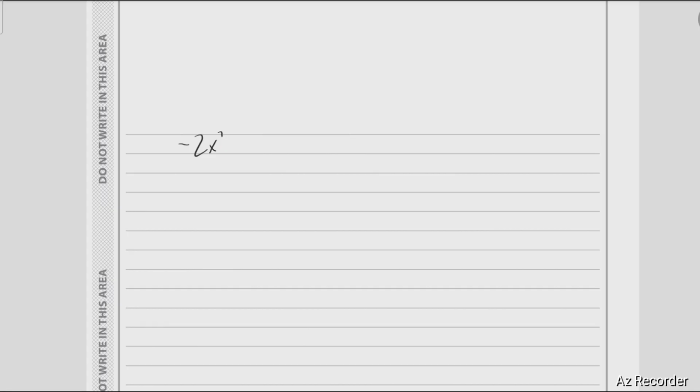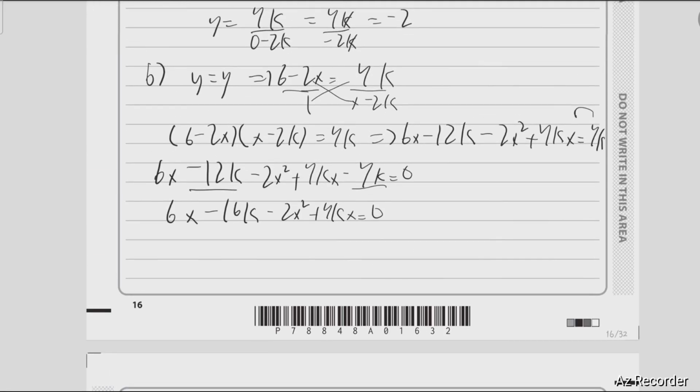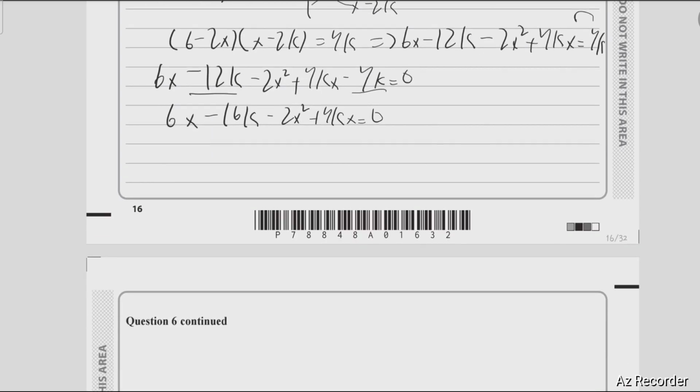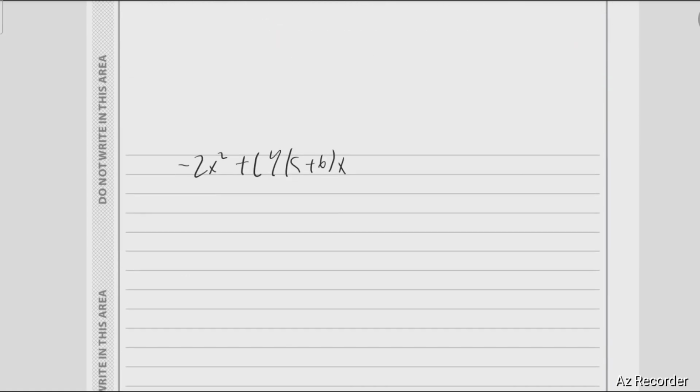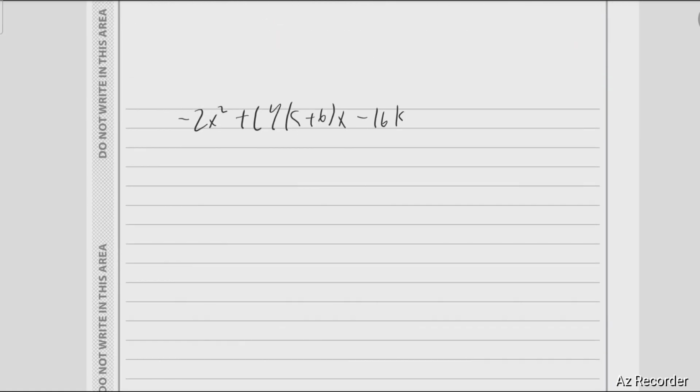Minus 2x squared, plus, taking x as a common factor between 4k and 6, 4k plus 6 times x, minus 16k, equals 0.